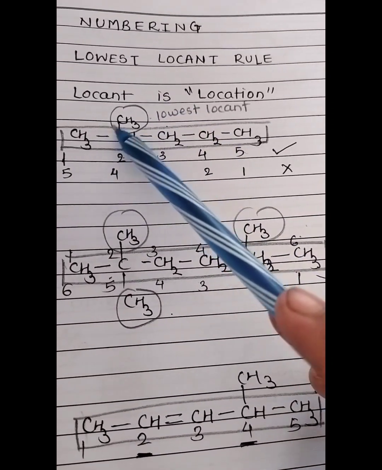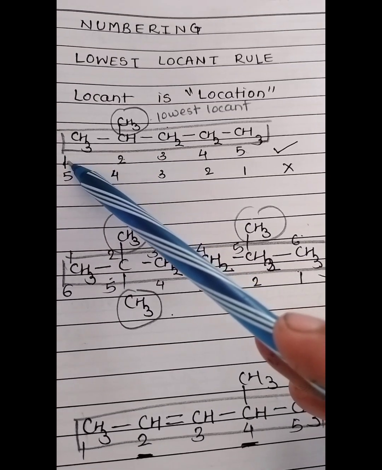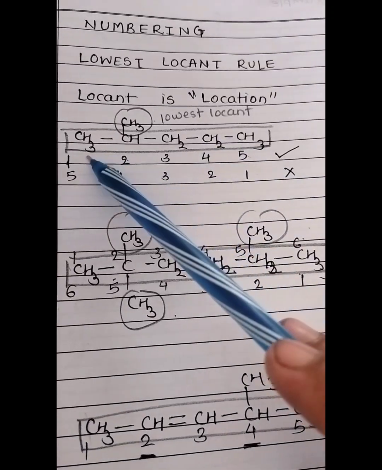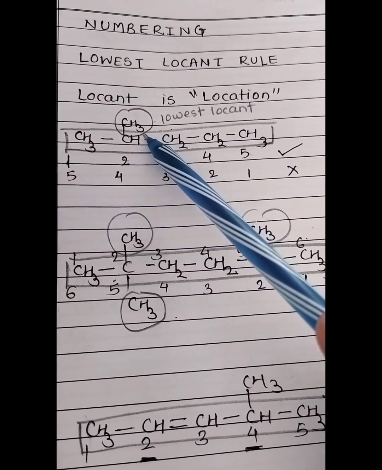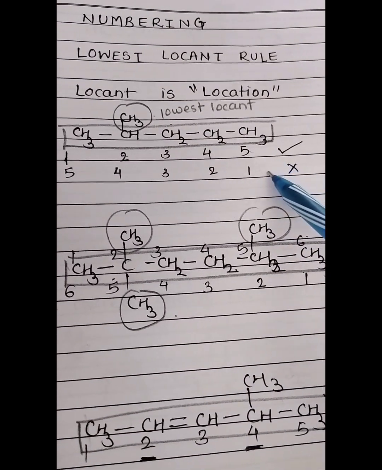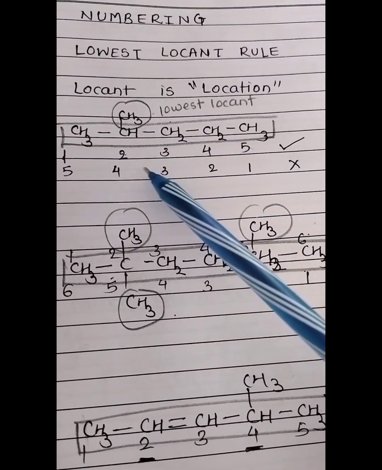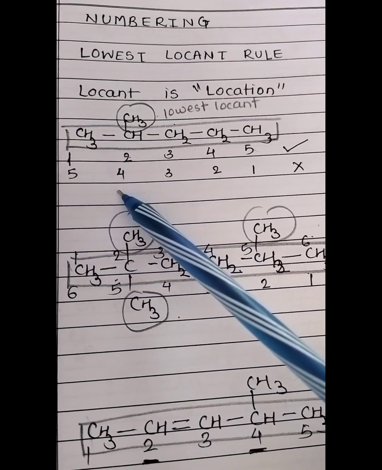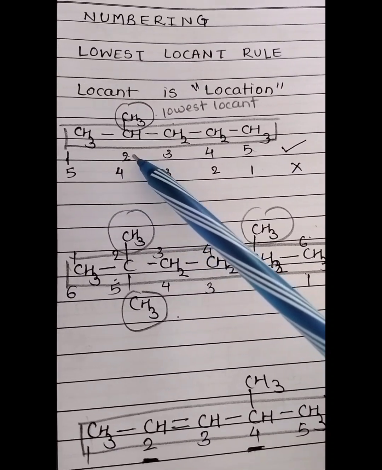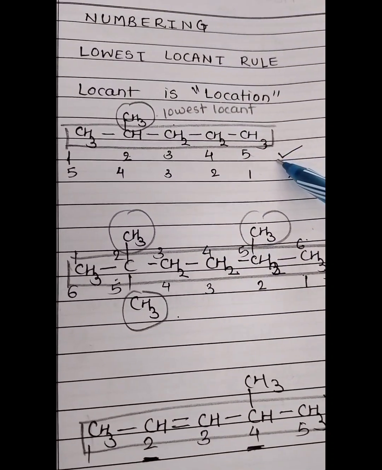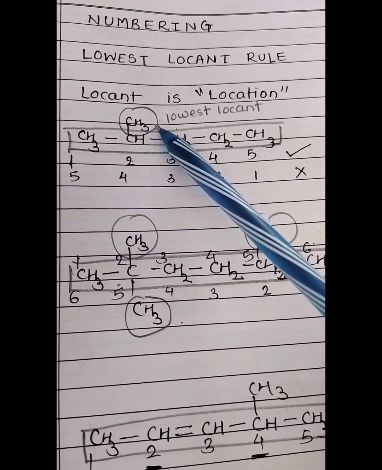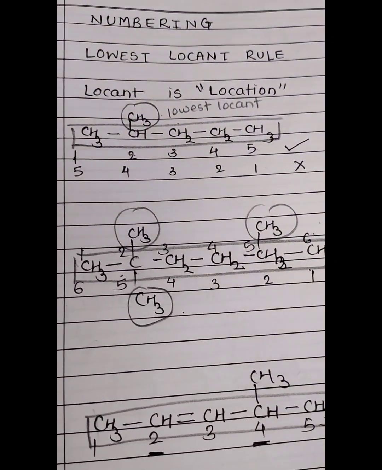So if we number from the left side, 1 2 3 4 5, the CH3 or side chain gets the second number. If we number from the right side, 1 2 3 4 5, then number 4 goes to the side chain. So the first way of numbering is correct because the lowest locant number goes to the side chain or substituent.